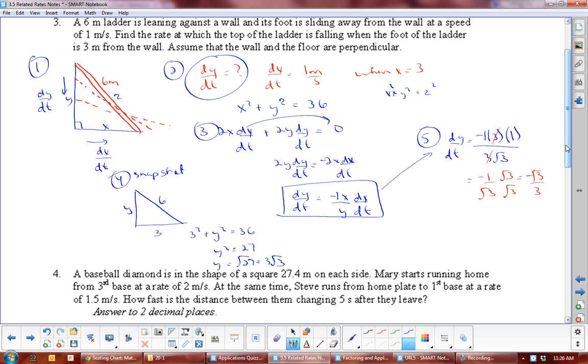You could say it's increasing at a rate of negative, but then that's weird too. Okay? So that's where you want to show a bit of understanding by saying the ladder is falling at a rate of root 3 over 3 meters per second when x equals 3 meters.